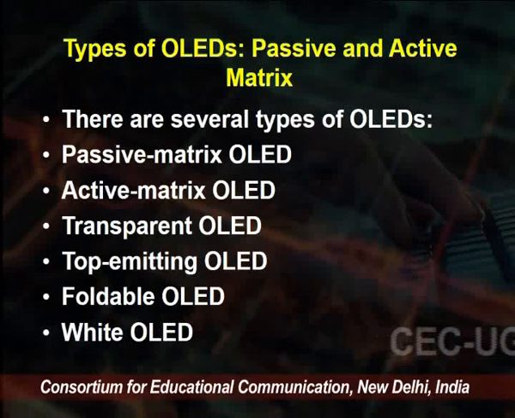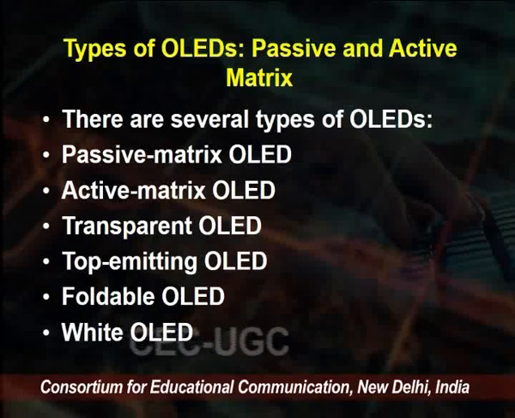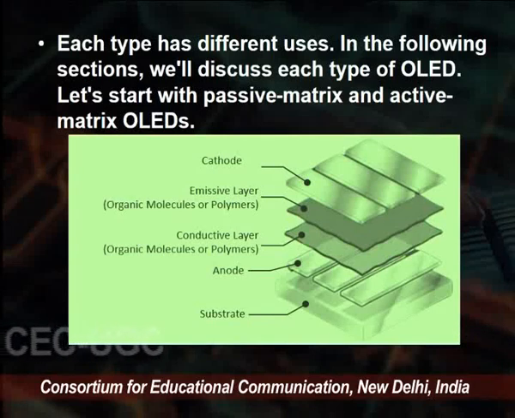And sixth is the white OLED. Moreover, most of the OLED are designed according to its application. Nowadays, nano OLEDs are also there because we are using the nano materials in development of the OLED. Each type has different uses, and in the following section we will discuss each type of OLEDs.